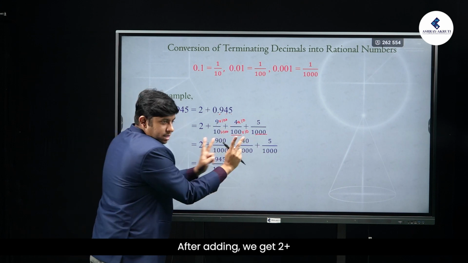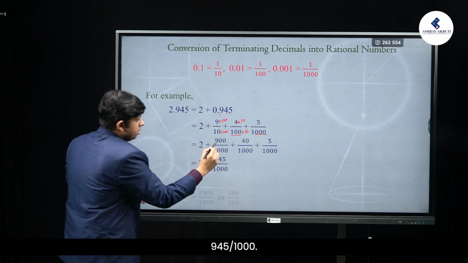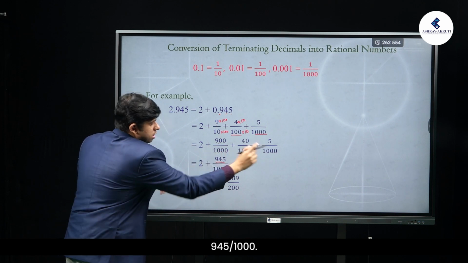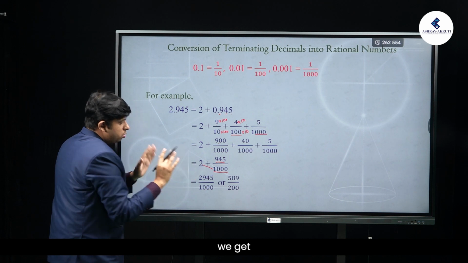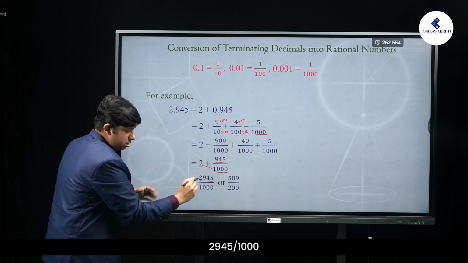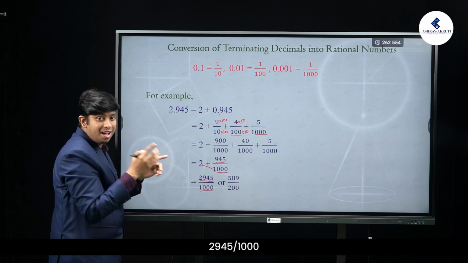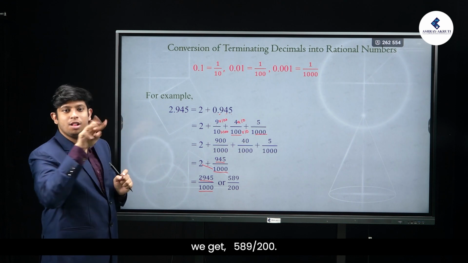After adding, we get 2 plus 945 by 1000. Now, by taking LCM, we get 2945 by 1000. By cancelling, we get 589 by 200.